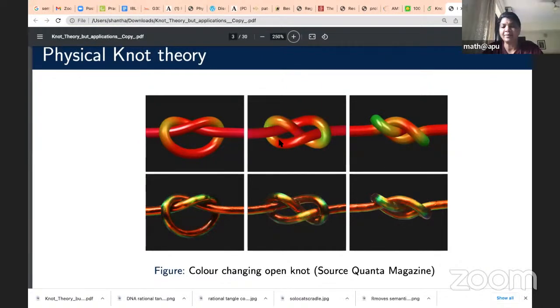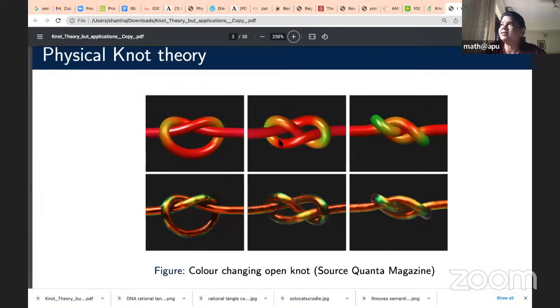And sometimes it can be very cumbersome when we have phone cables, laptop cables intertwining with each other. But it is of tremendous importance to understand this from a very practical and physical point of view. Whether you take the umbilical cord or you take the optic fiber that goes from one continent to another continent under the sea, these are all open knots.